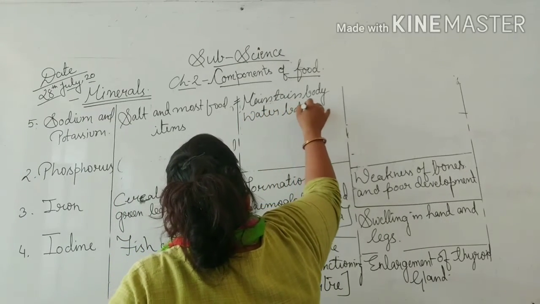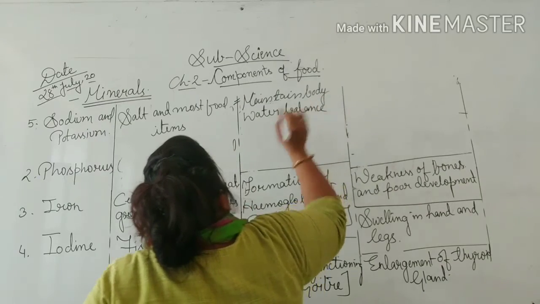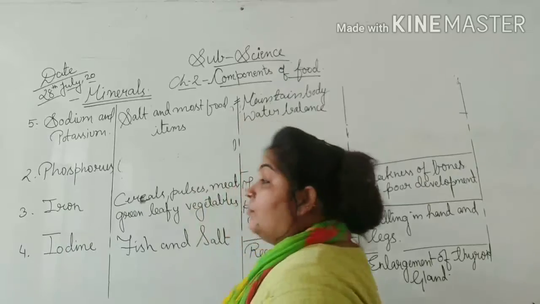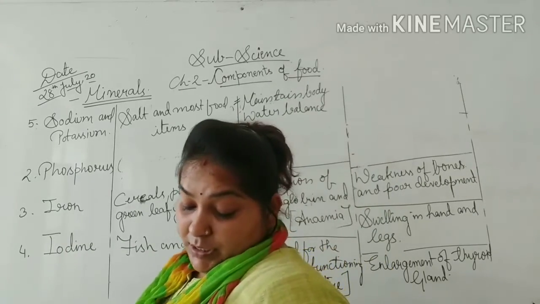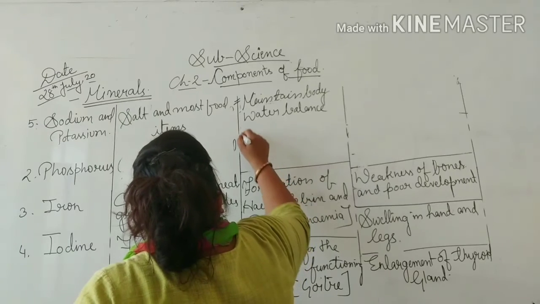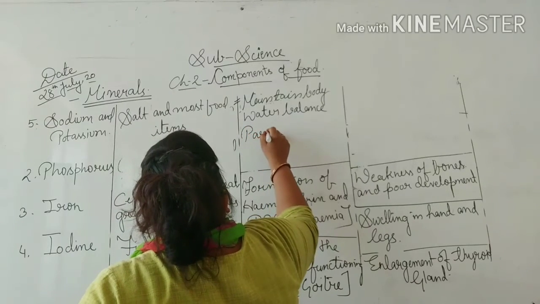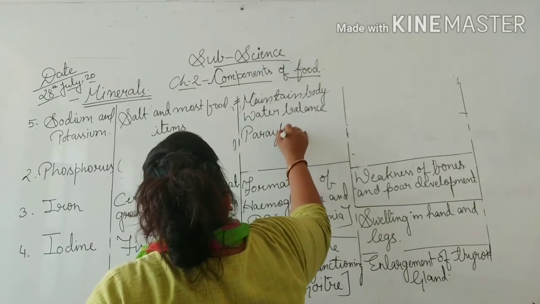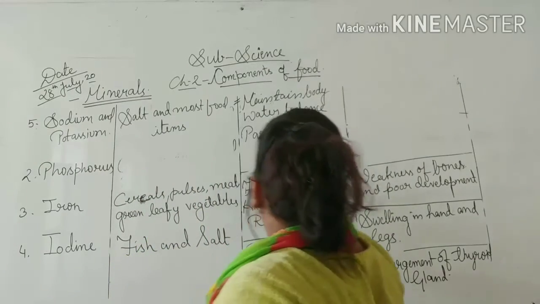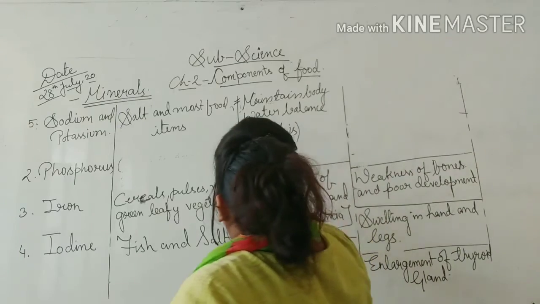Clear? Next comes, what is caused by its deficiency? That is body and muscle weakness, that is paralysis. We can say paralysis occurs, in which we won't be able to move. So that is the body weakness caused by paralysis.